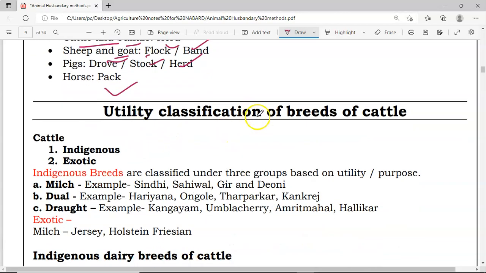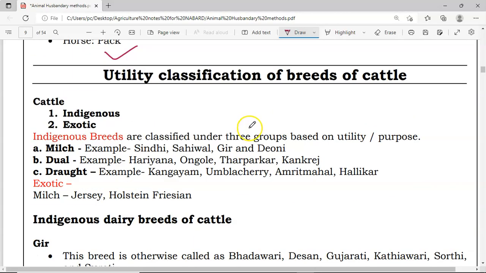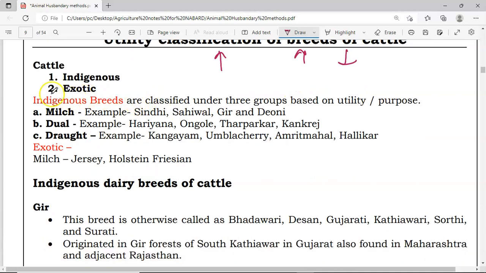Now we will see some classification of the breeds of cattle in our country. We can classify animals into two types, that is indigenous and exotic.